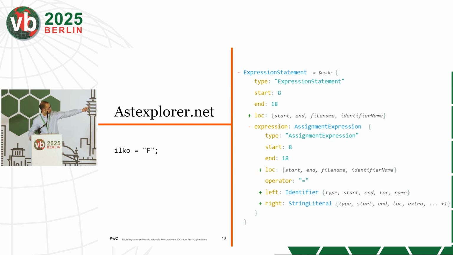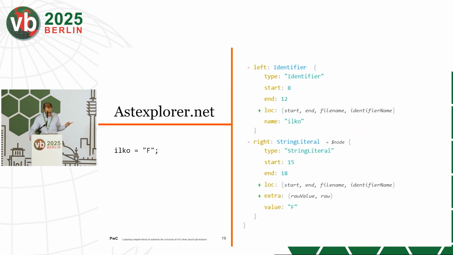That expression then has a left and a right property. If we expand those, in the left property, we have a node whose type is identifier. That is the name ilco, which is the variable name. On the right, we have a node whose type is string literal with the value f, and that is the variable value. So what do we do?